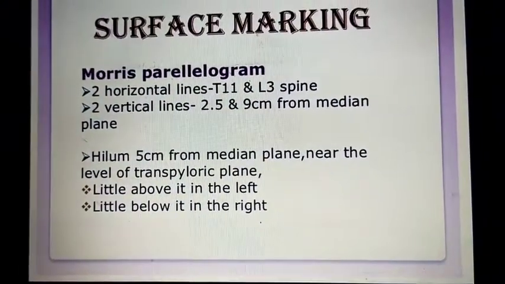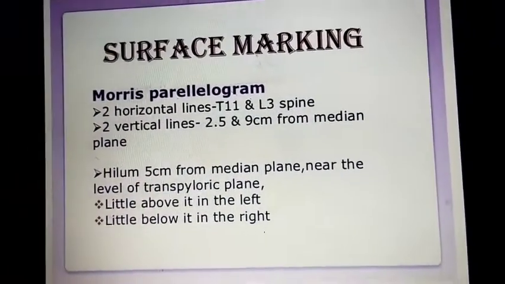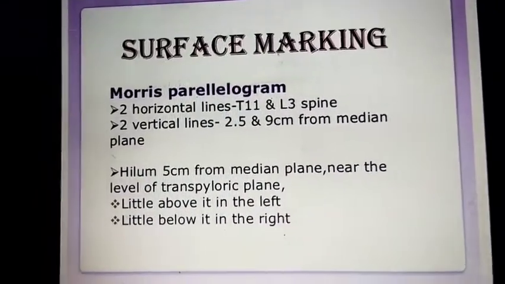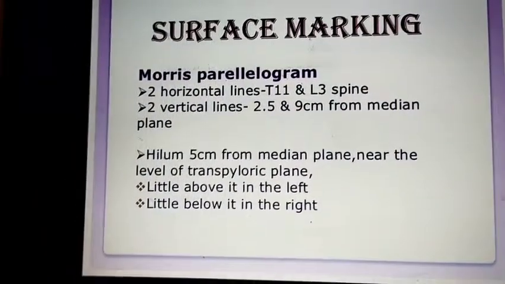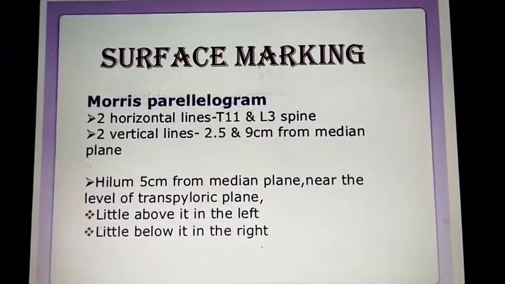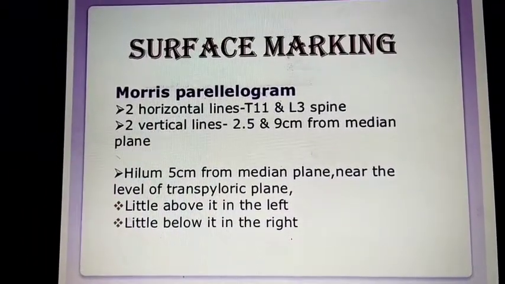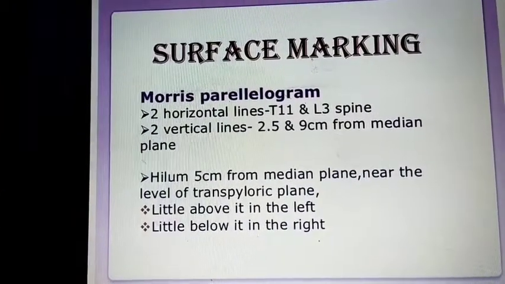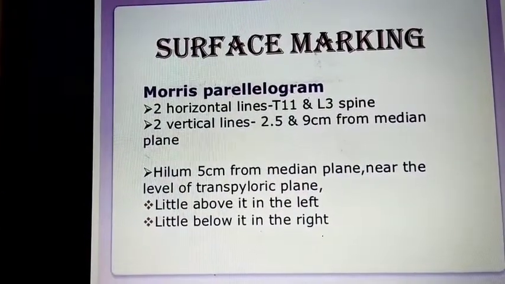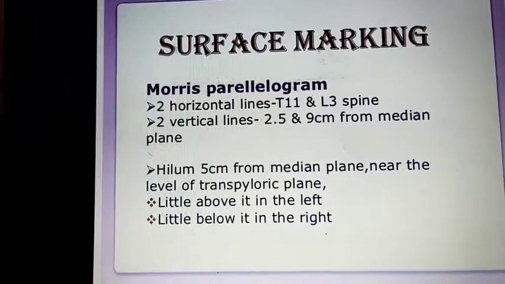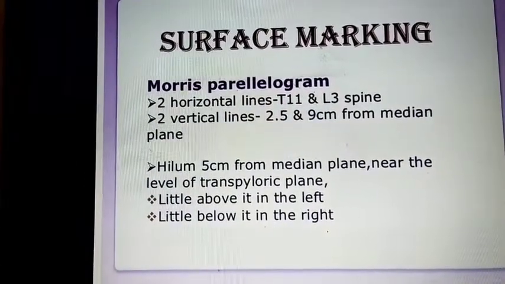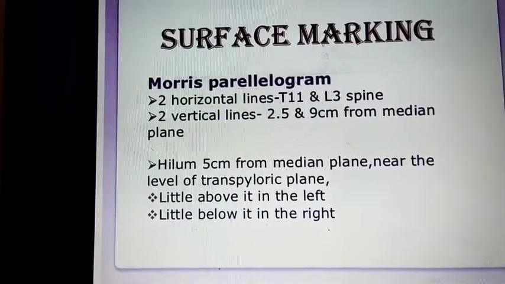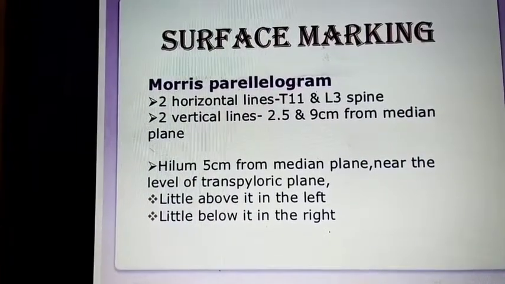You can go to the next slide. In that we can go for the surface marking of a kidney. It is also called the Morris parallelogram. Two horizontal lines are drawn from the T11 and L3 spines, and two vertical lines from the midline.